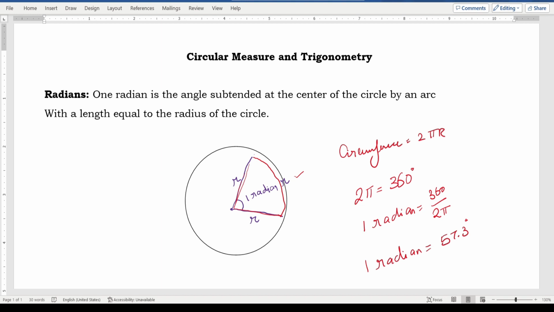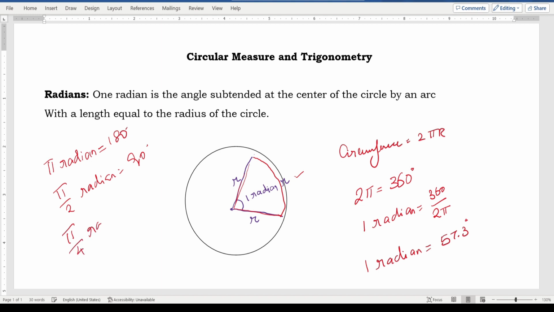Okay, the angles in radian are often given as multiples of pi. Pi radian equals 180 degree. Pi by 2 radian equals 90 degree.